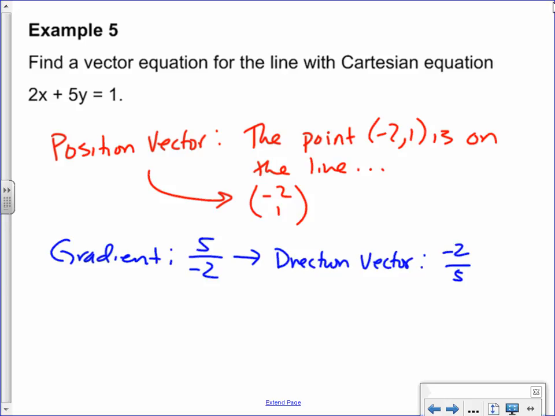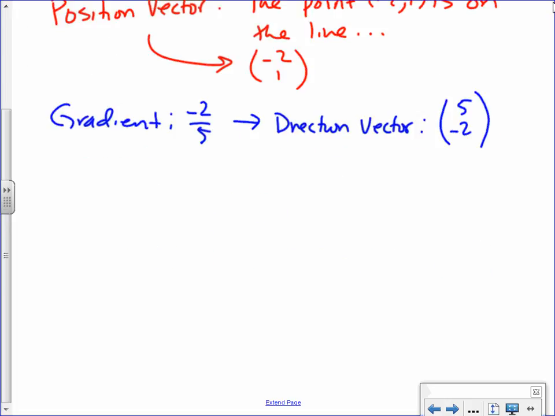Oh, I keep doing it. I flipped it. Yeah, you flipped it. Because the gradient is -2/5. -2 over 5. Whoops. Okay. -2 over 5, so it's 5, -2. Okay.